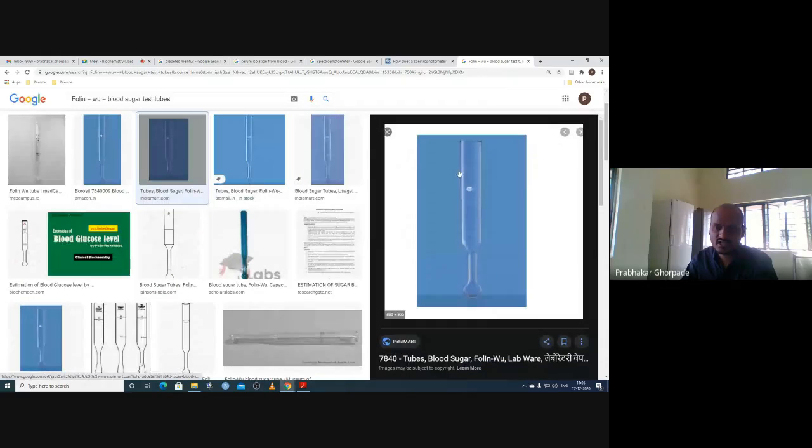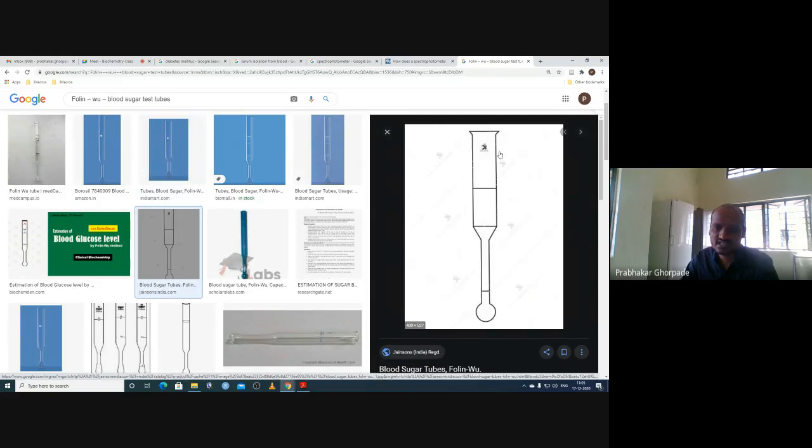Whenever you come to the laboratory, if you see tubes like this, it is like a normal tube, with a narrow portion, and here again a bulb is there. So this is a Folin Wu tube. Basically the shape is like this.